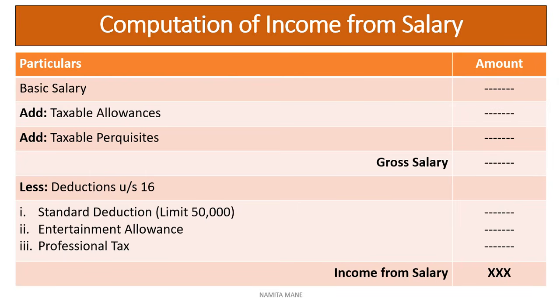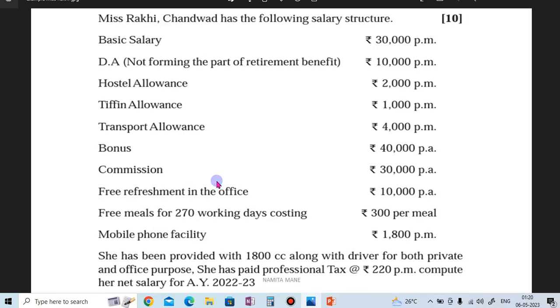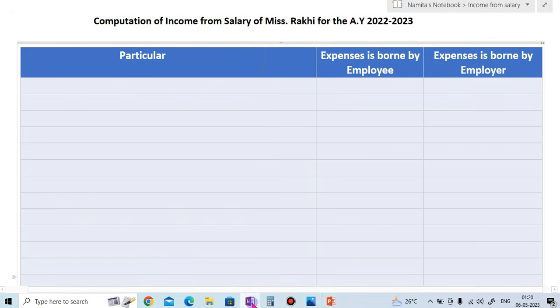On the basis of this format we are going to compute the income from salary for Miss Raki by taking this information. Now this is the format which I have prepared.